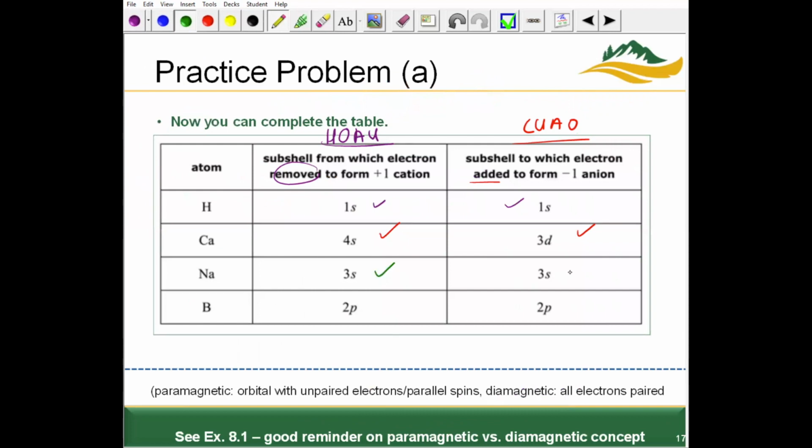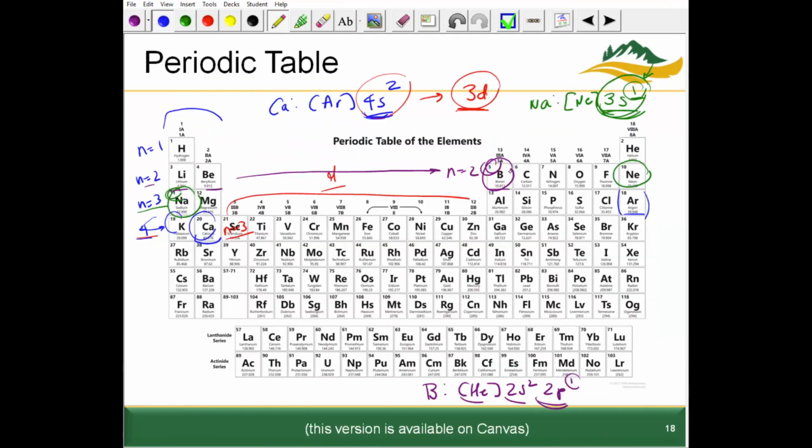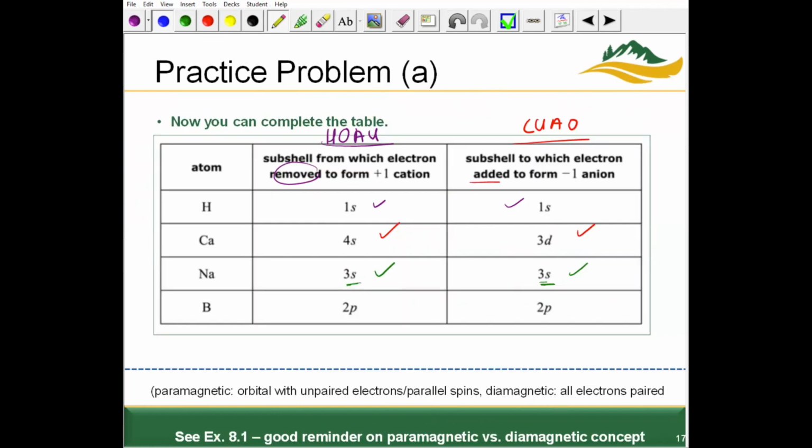So 3s and 3s, we could either add one electron or take one away, both from the 3s subshell. Then for boron, 2p, that does contain an electron we could take away. We can also add on more electrons to the 2p subshell because this is not yet filled. Where filled would mean it has 6 electrons here in the 2p subshell. So boron here is 2p and 2p as well.